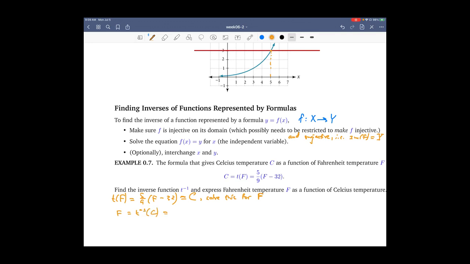And solving this for C, I get 9/5 C plus 32.